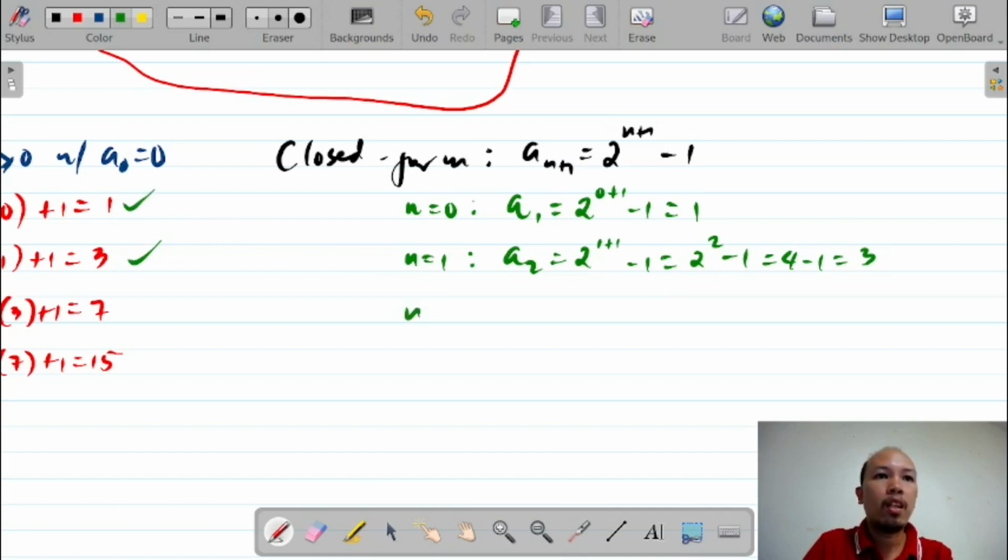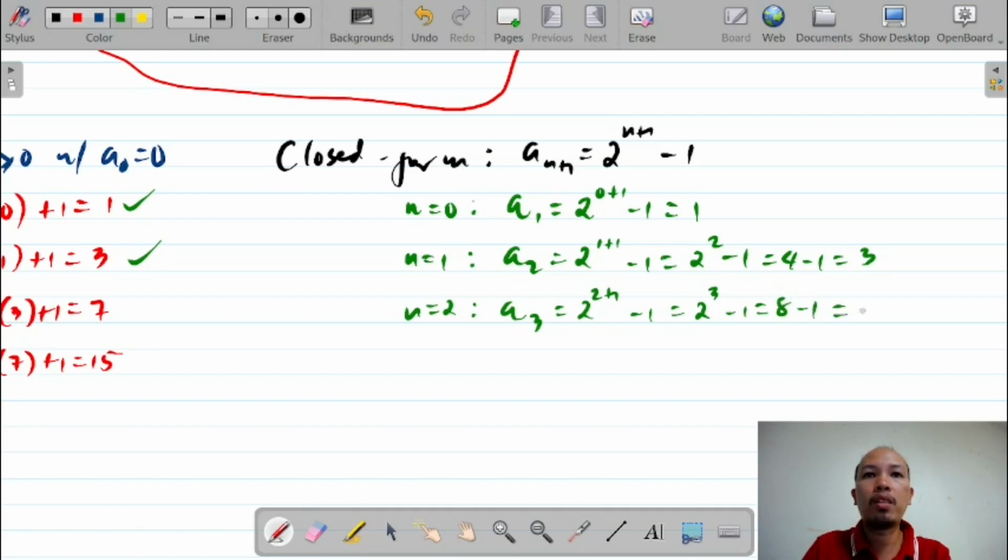n is equal to 2, a sub 3: 2 to the 2 plus 1 minus 1 is 2 to the 3 minus 1, 8 minus 1 is equal to 7, which is the same as that one here.